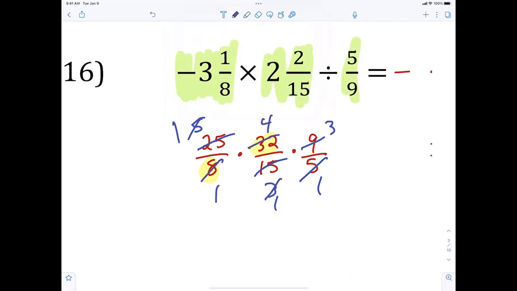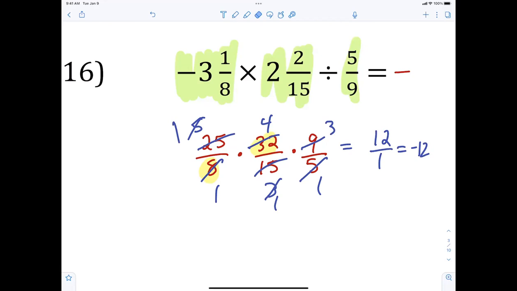You're awesome, girl. So final answer after all that is? Yes, 12 over 1. And it's negative. Hey, thank you so much, Brennan. That was a good job.